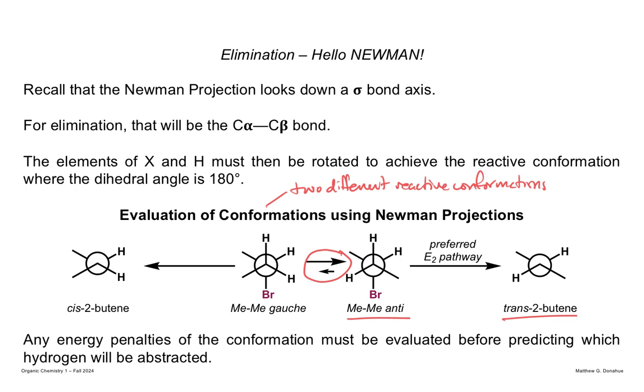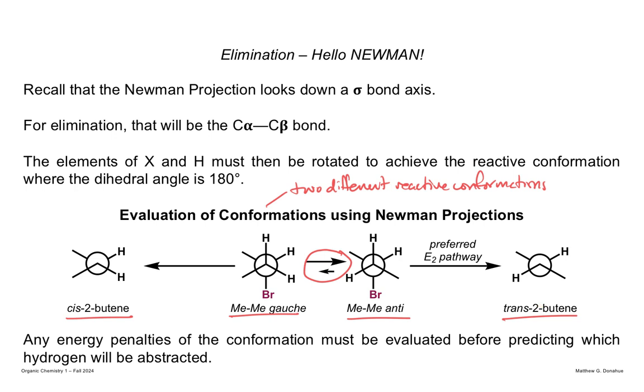The lesser populated conformation is where the two methyl groups are now gauche. That was the 60-degree relationship. Now that elimination leads to the cis, which is less stable. And this is sort of the ideal scenario where the more stable conformer leads to the more stable product.